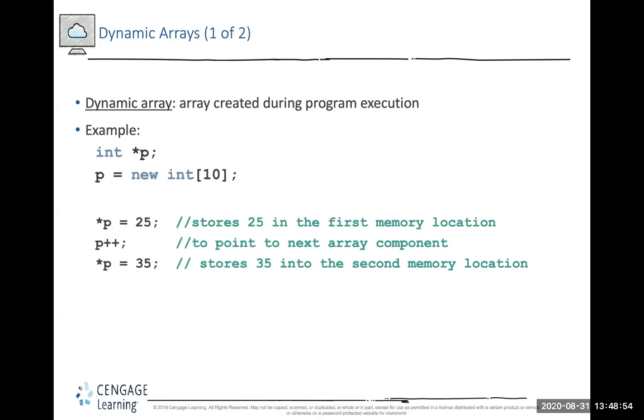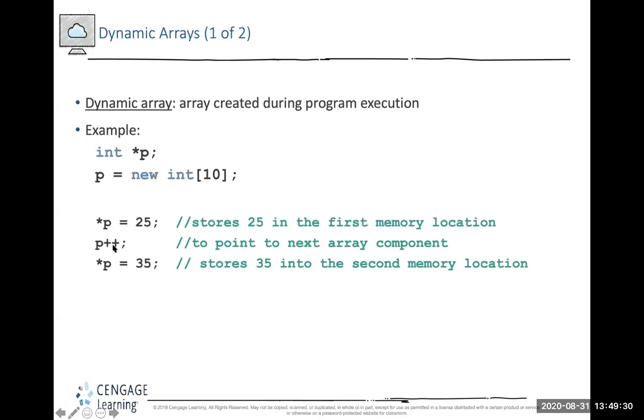So here's an example. You have a dynamic array. First of all, p is an integer pointer. And then you initialize it with an integer array that's allocated on the heap. This is 10 elements, initialized with zeros. Then you assign a value to this dereferenced p, which is pointing only to the first element of that array.